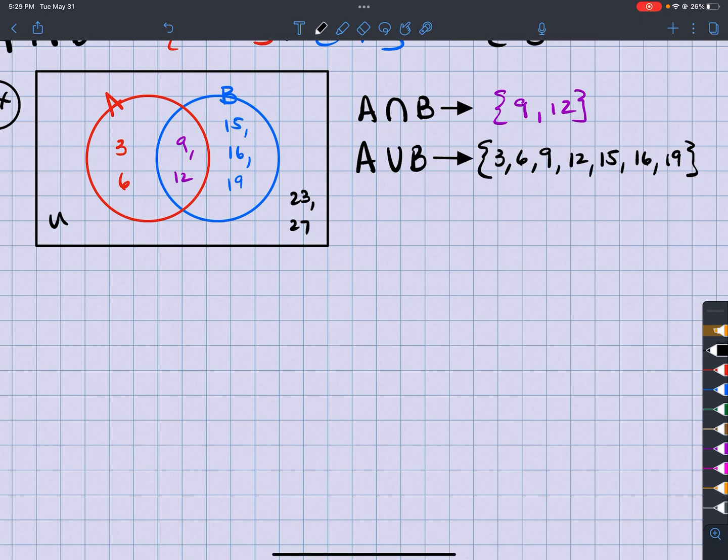All right? Well, what if I said not A union B? Well, if A union B is this whole thing, what's outside of this so-called bow tie? Only 23 and 27 is left there.